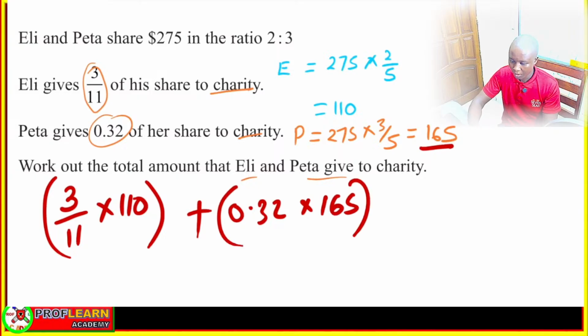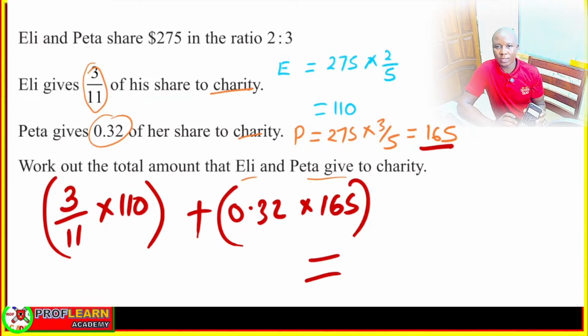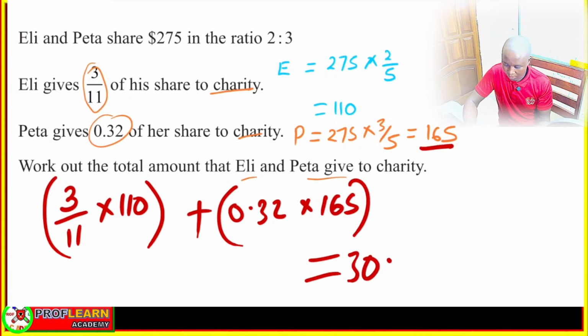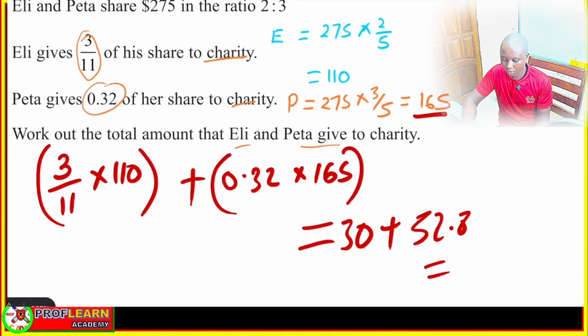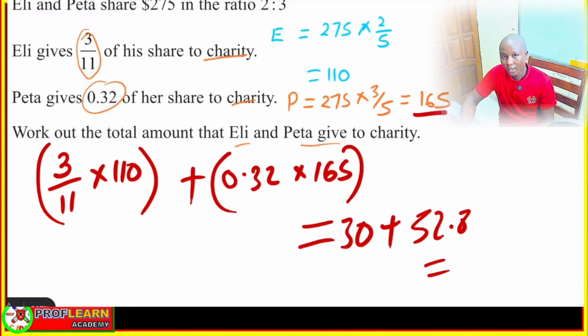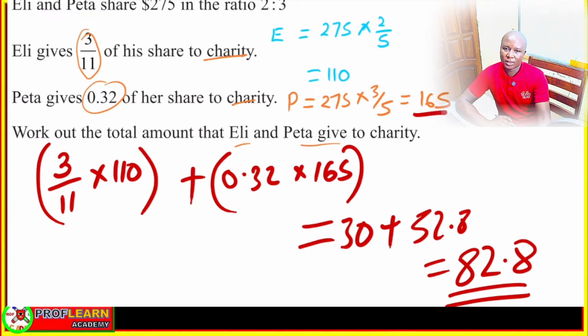So we are going to work that out in our calculator. 3 over 11 times 110, you get 30. So this is 30 plus 0.32 times 165, and that is going to be 52.8. If you add the two, you're going to get the total value being equivalent to 82.8 as the final answer.